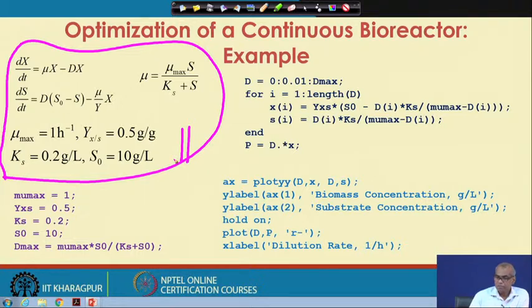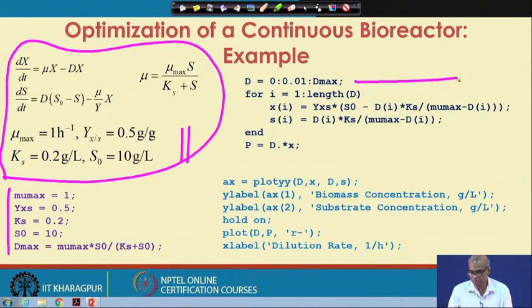In the MATLAB environment, you write an M file and define these quantities. Then let us create a D vector which grows from 0 to D max, let us say with an increment of 0.01, like 0, then 0.01, then 0.02, up to D max.